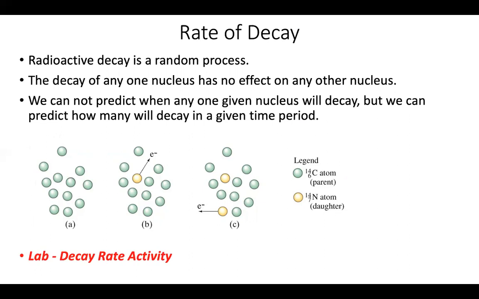We don't know which ones will decay first or last. We have no way of knowing that, but we can predict how many will decay in a given time period, and that's what the activity is tomorrow. The lab activity is figuring out how many will decay per time, not which ones, but how many. Okay. And like I said, that's tomorrow's lab activity.